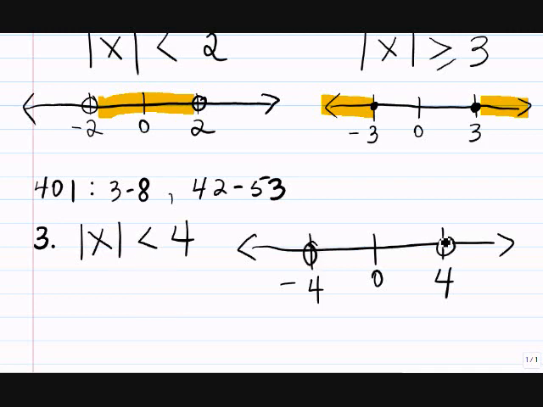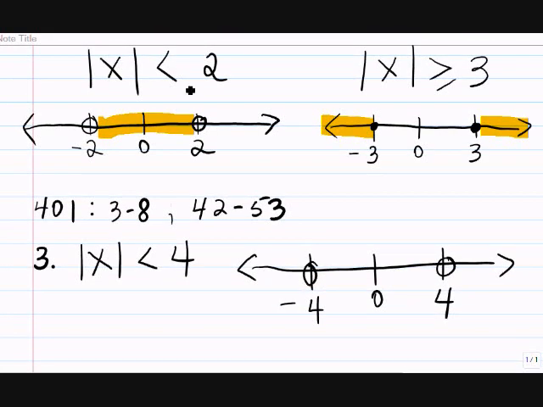Now the hard part is to decide whether I shade in between or on the outsides. Look at the example. When did I shade in between and when did I shade on the outsides? Okay, because this is a less than, the less thans are shaded inside.